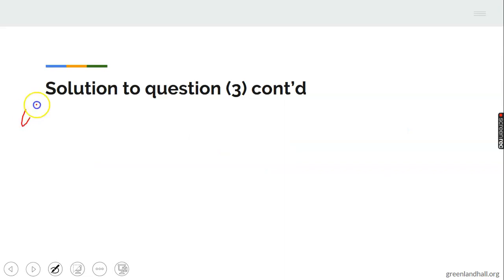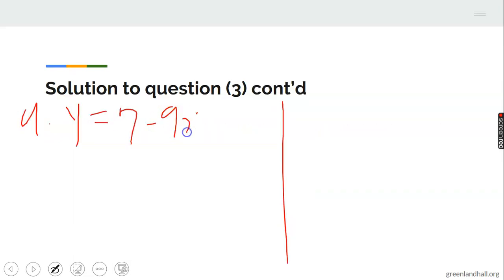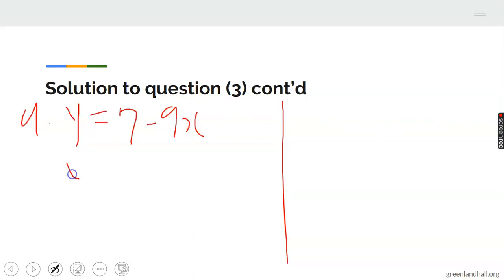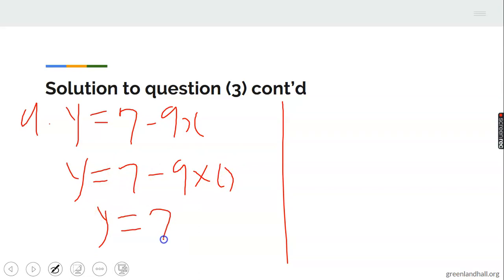The first thing is to write out the formula: y equals 7 minus 9x. Now, find the value of y when x is 0. When x is 0, 7 minus 9 multiplied by 0. That is 7. Then find the value of x when y is 0.